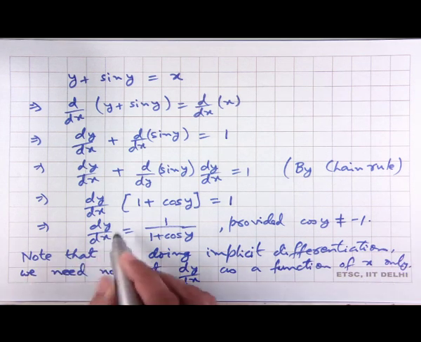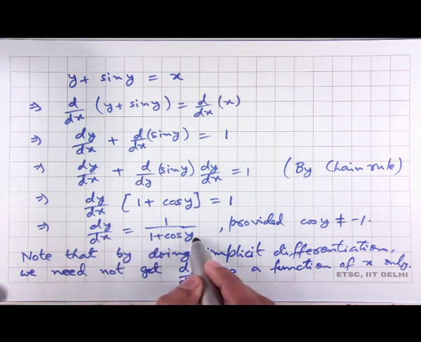So, in this example the derivative dy/dx is 1 over 1 plus cos y.